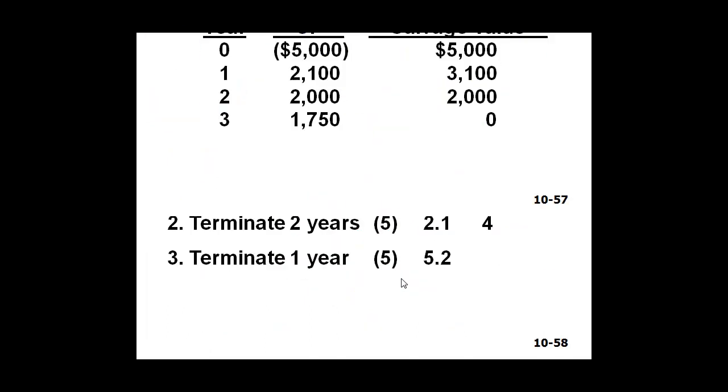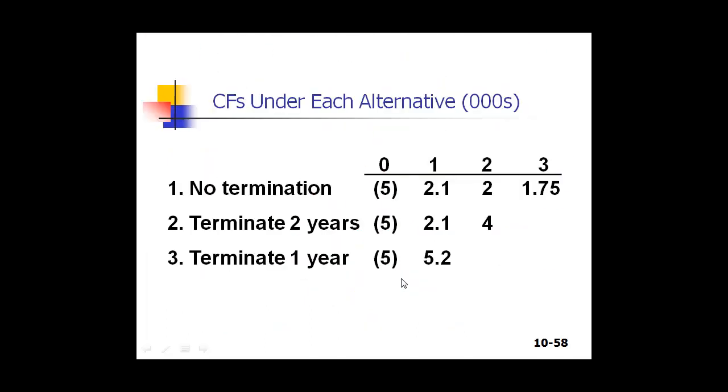Okay, now just to show you the numbers, what does this slide show you? These are if you do not terminate, this is what an engineer might do, right? But you would do the whole analysis.